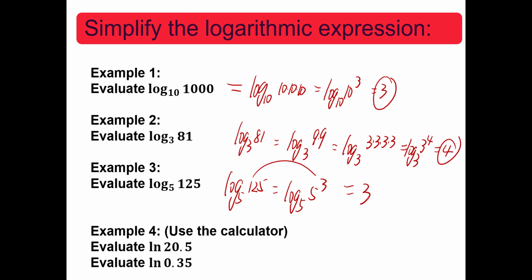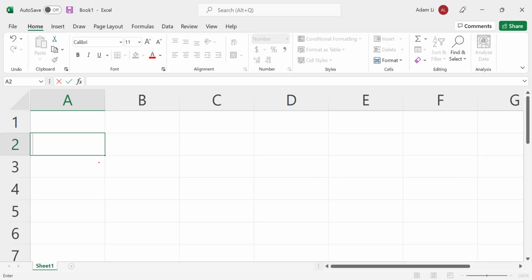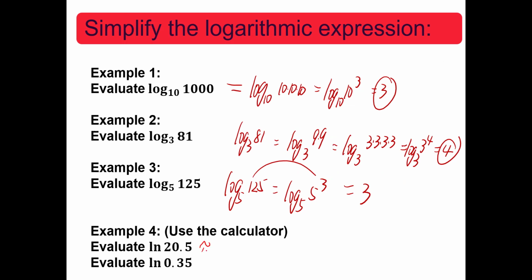And then in example 4, you have to use a calculator. So I'm going to show you how to do this in Excel. For ln of 20.5, you open Excel, type an equal sign and ln of 20.5. So the answer is approximately 3.02. Okay, let's try the other one.